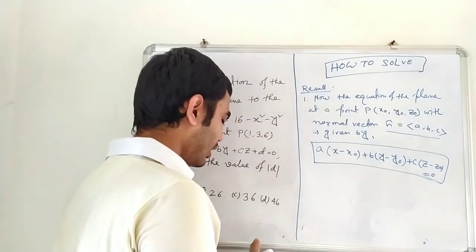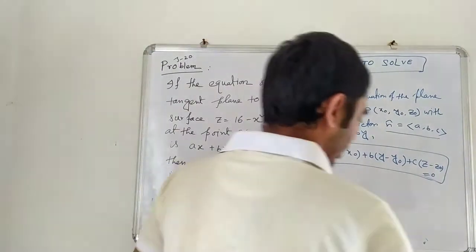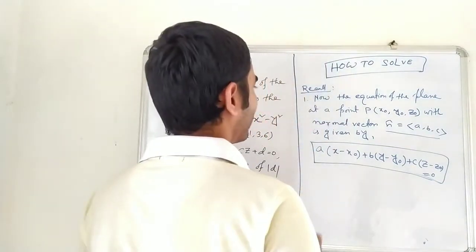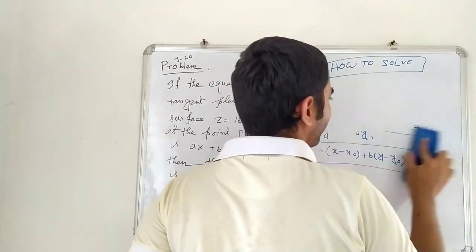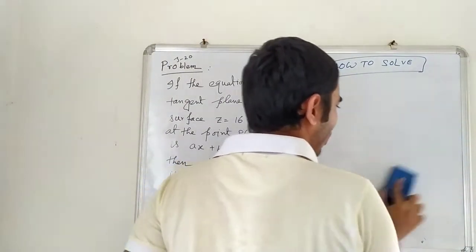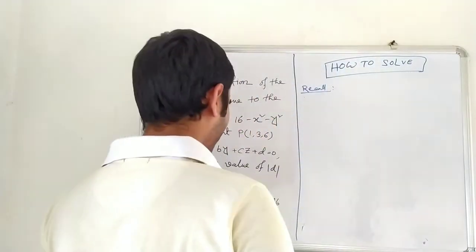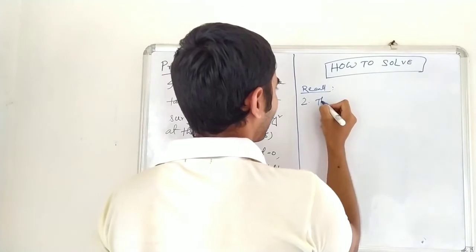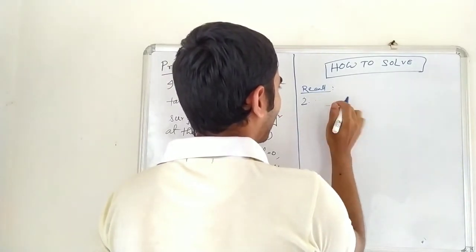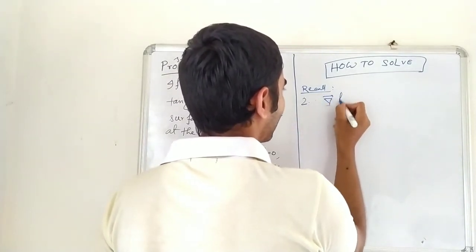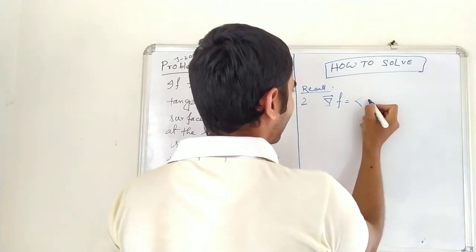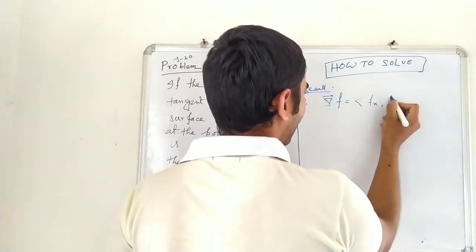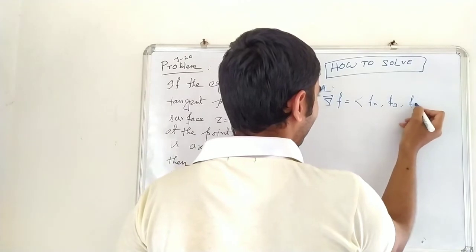Clear? Now number 2. What is the gradient vector of a function f? The gradient vector of the function f is given by gradient of f, whose components are fx, fy and fz.